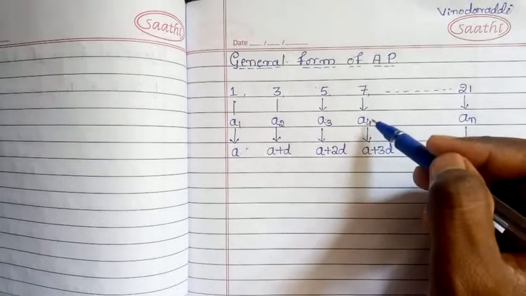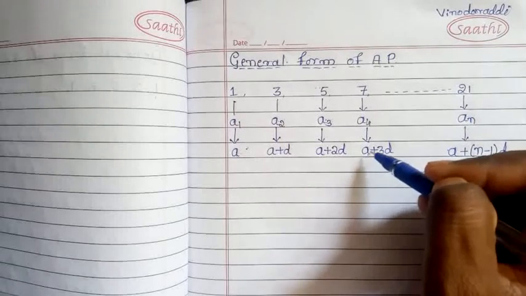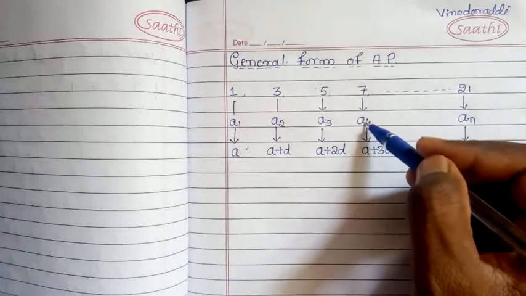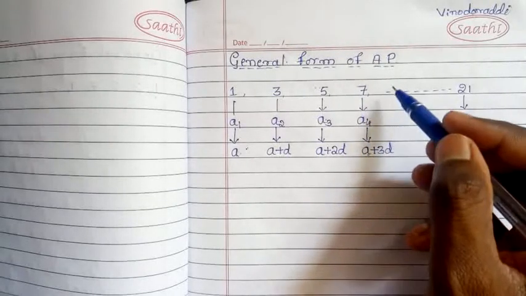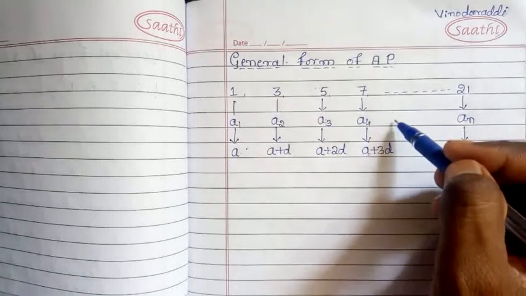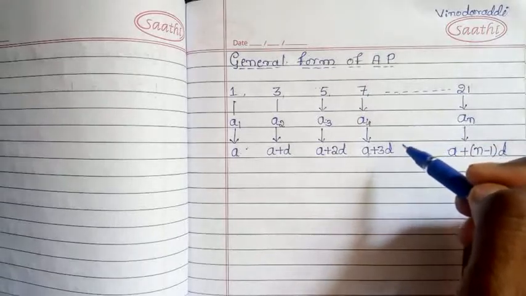If the fourth term is given, we have to write A plus 3D. Here we have to write the previous number of the given term. For example, if the fifth term is given, then the general form of the fifth term is A plus 4D, because the previous number of the fifth term is fourth, that is 4D.